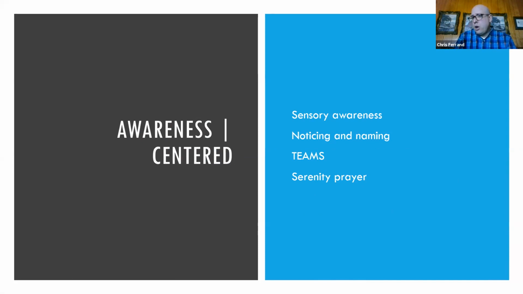But what is that feeling called? And to be able to describe a thought, I'm having the thought that I'm not good enough. And being able to describe their senses. And then the serenity prayer can be a meditation that can sort of be used as a way to sort of center people.